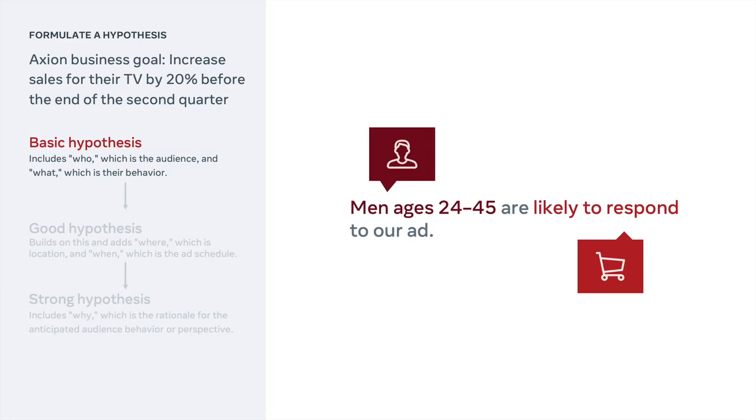Let's explore this with an example from Axion Electronics, a fictional company. Axion is a medium-sized international electronics manufacturer with a corporate office in London. Axion makes televisions and other home entertainment devices.